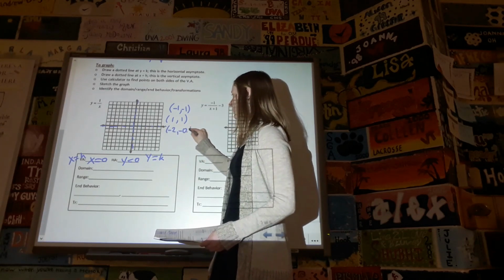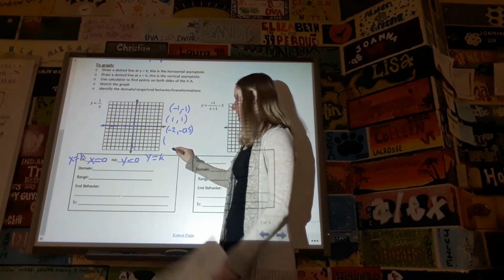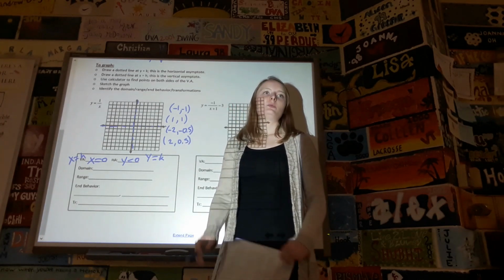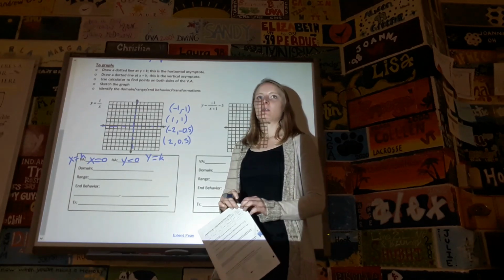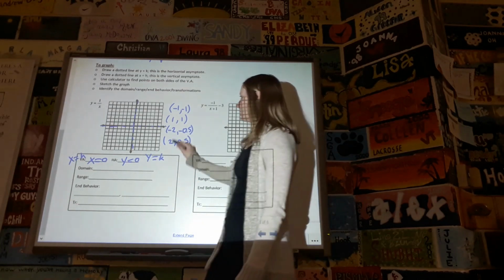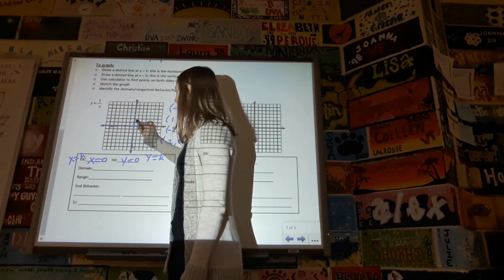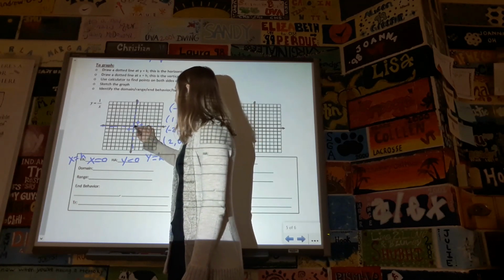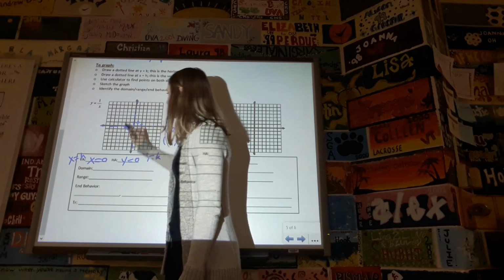Okay, one more. 2. Great. So for these graphs, you will need to start to graph some decimals, but nothing beyond 0.5. So when I graph, I'm going to have 1, 1, negative 1, negative 1, 2, 0.5, and negative 2, negative 0.5 right there.